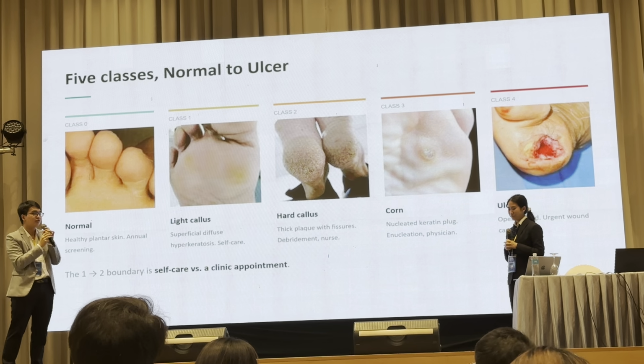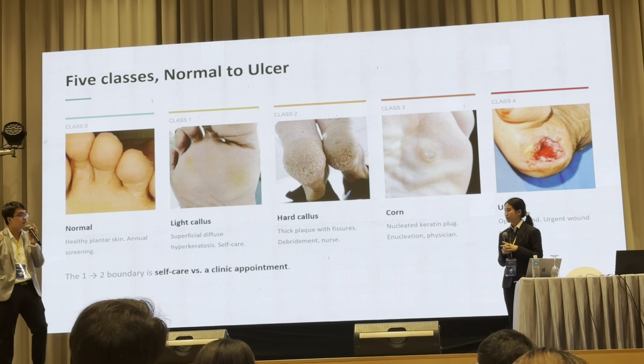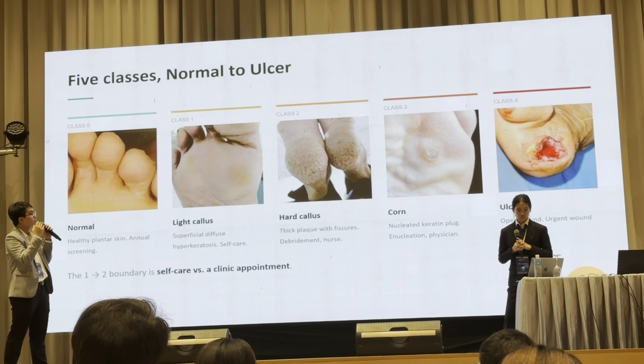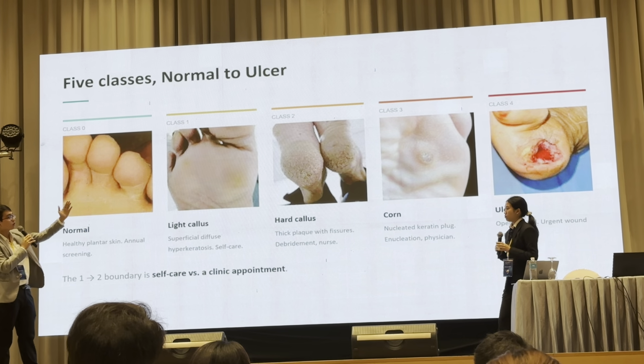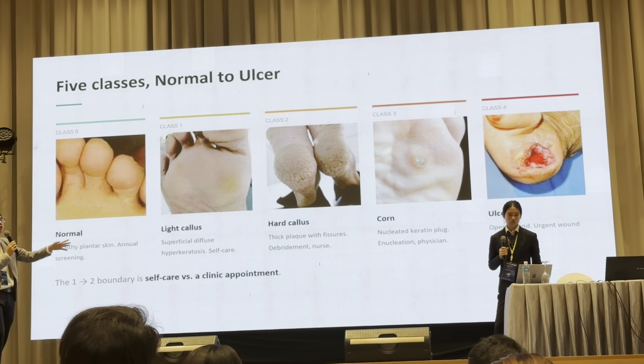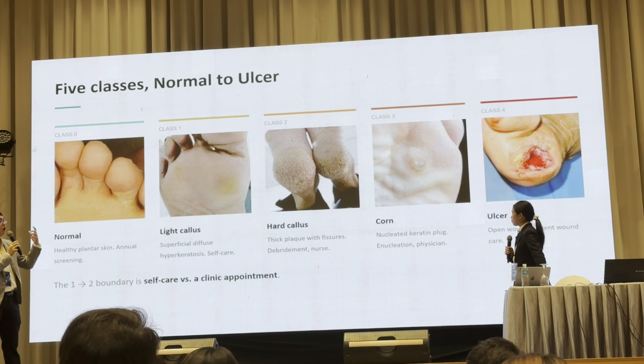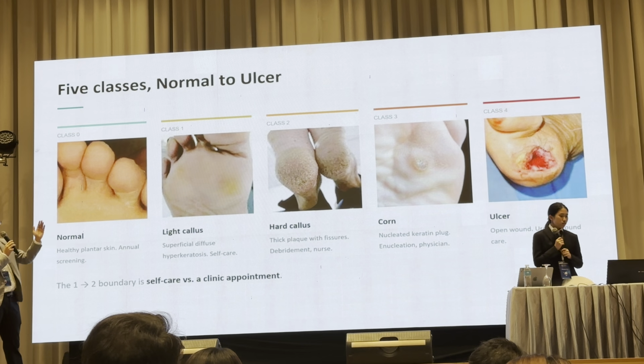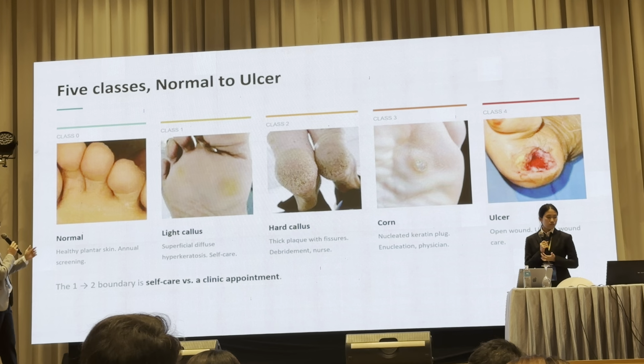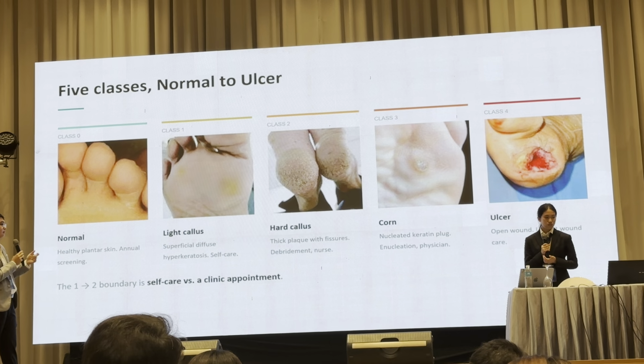However, hard calluses require nurse care and come with various other issues. Corn is also a standalone issue with nucleated keratin plugs, also leading to ulcers but separate from calluses themselves.